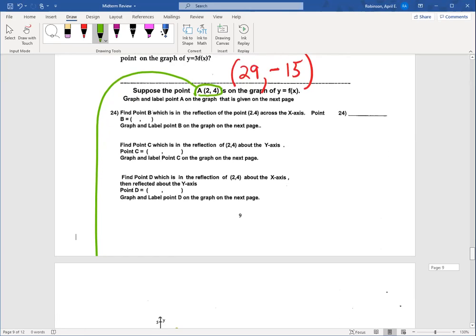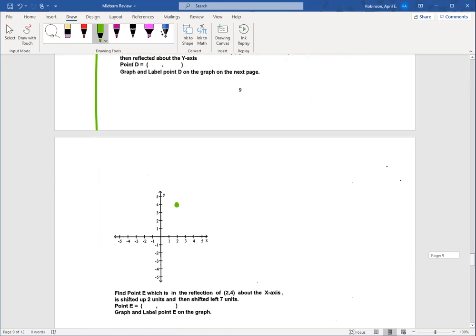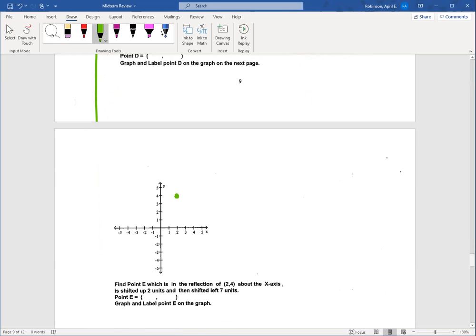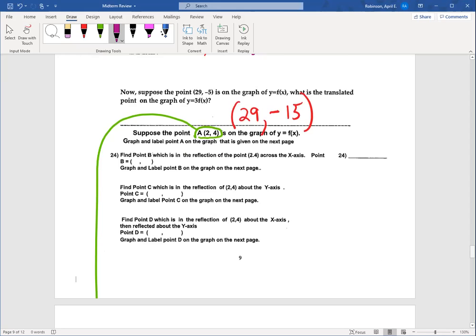Then it says, find point B, which is the reflection of the point 2, 4 across the x-axis. So if you were to fold this along the x-axis, this point, which is at 2, 4, its mirror image would be at 2, -4. So 2, -4.